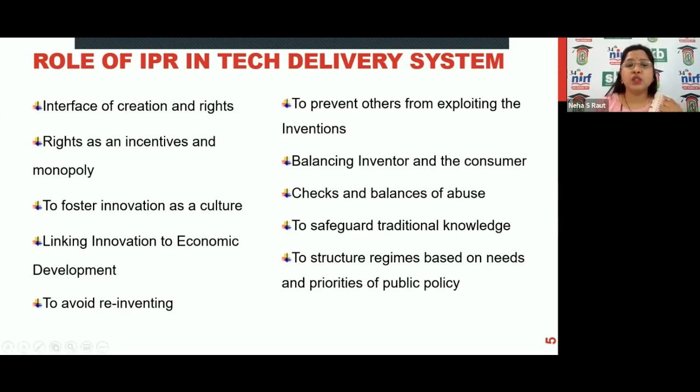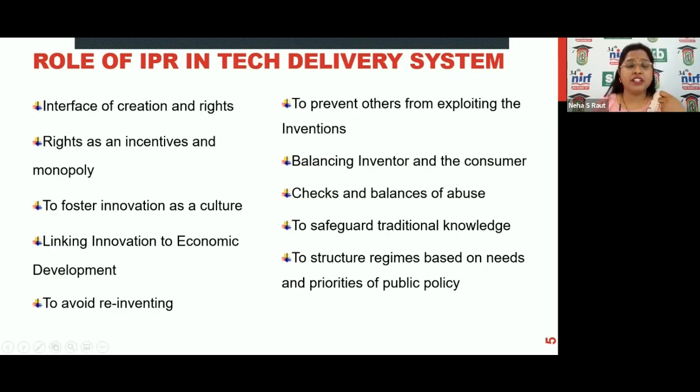It fosters innovation as a culture. Ultimately, if we are getting an incentive for something, it again encourages us to do more things. It is linking innovation to economic development. As I have told you, if your invention is getting incentives, it benefits India, and ultimately it is increasing economic development.